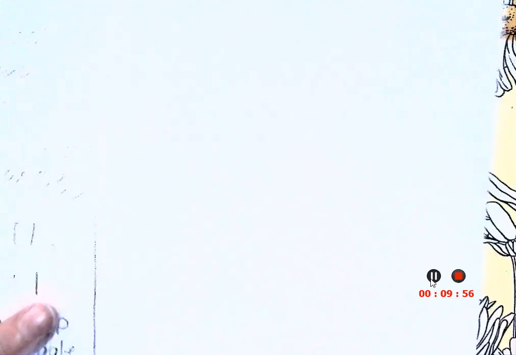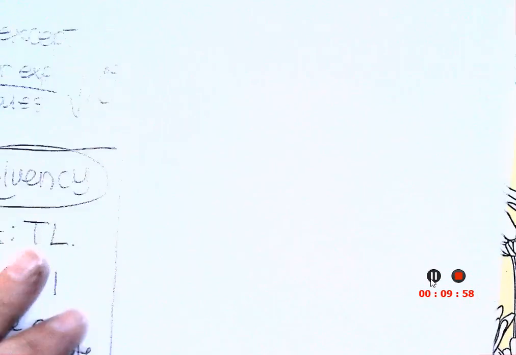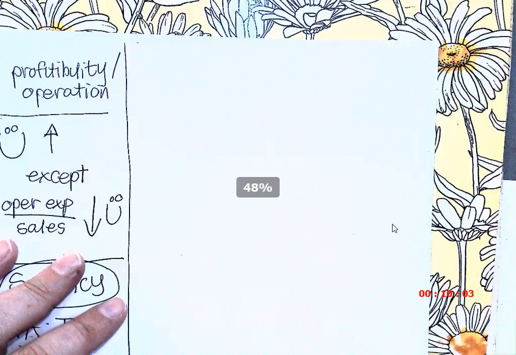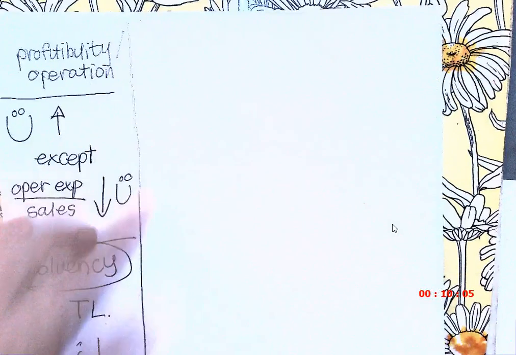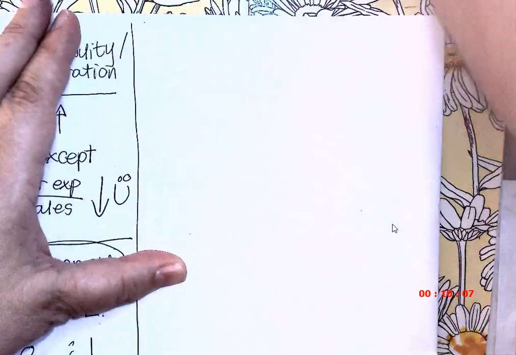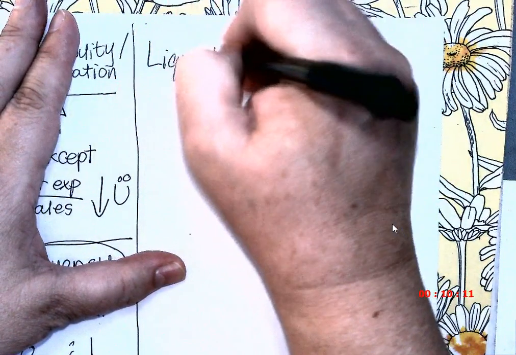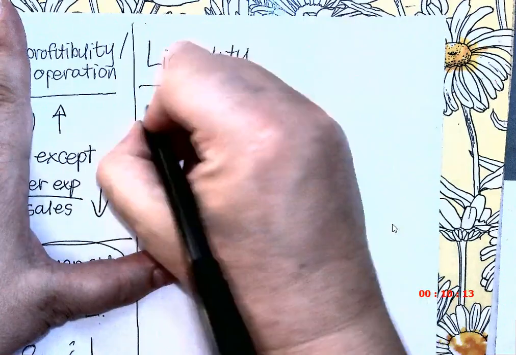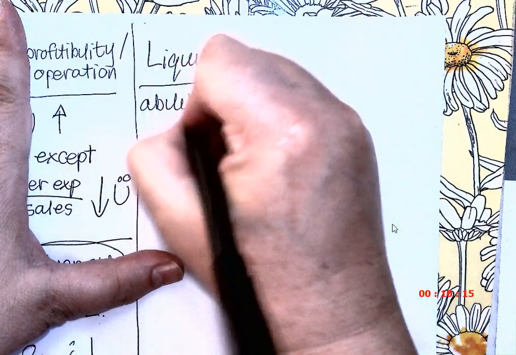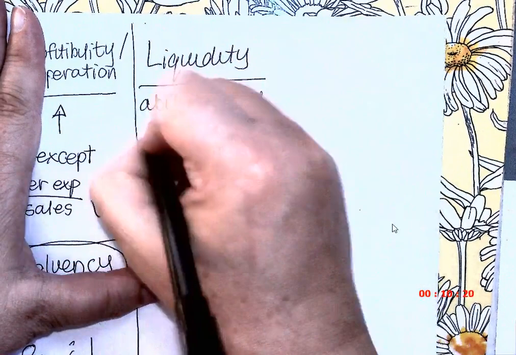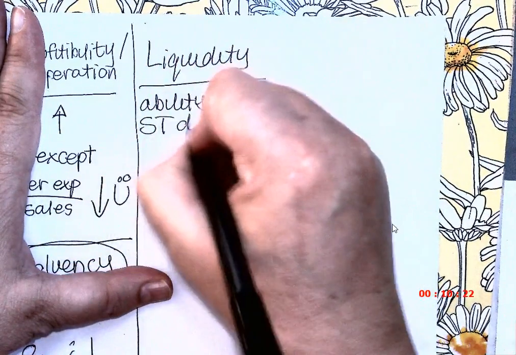Now we get to the one that they always ask. This is such an important one to understand, and it's liquidity. So liquidity, right, is the ability to pay short-term debt.